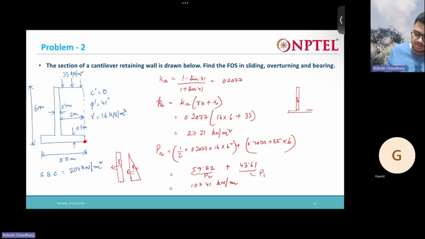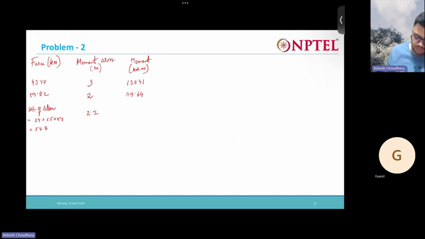From here to here it is 2 meters, and then 0.4 by 2, that is 0.2, so 2.2 meters.